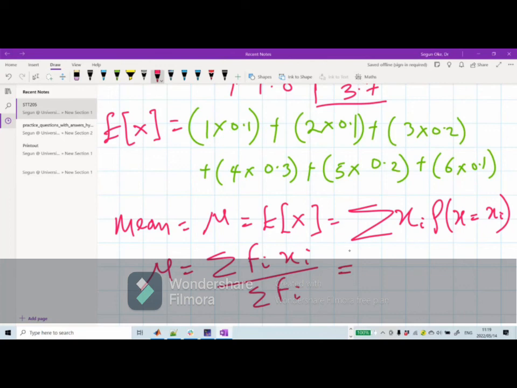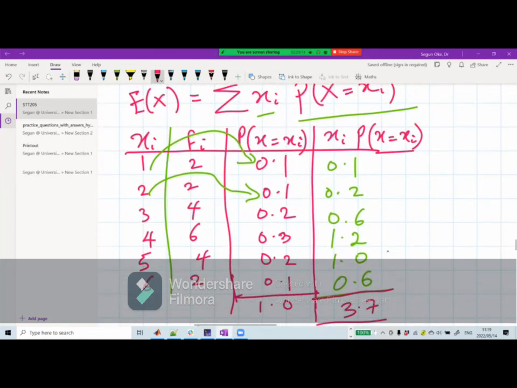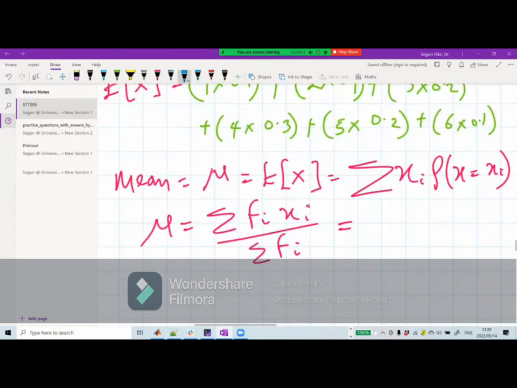Go to your table, F and X: this multiplied by this, this multiplied by this, and so on, and then add them up.